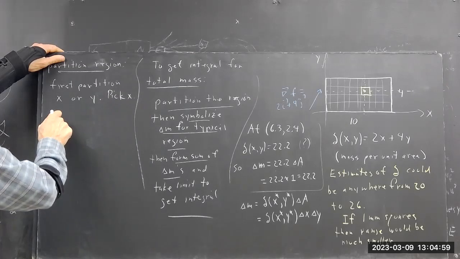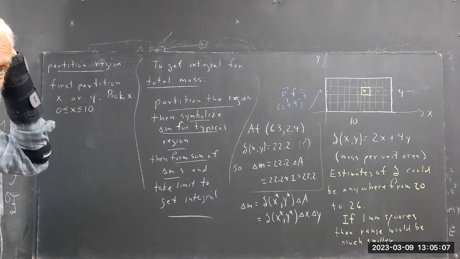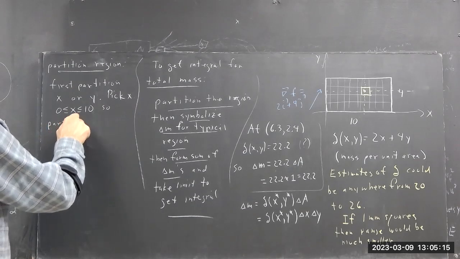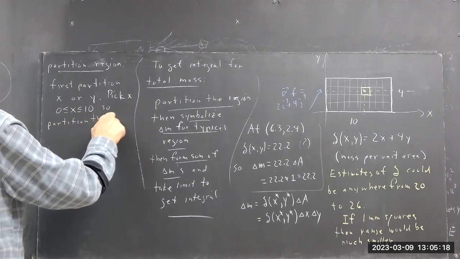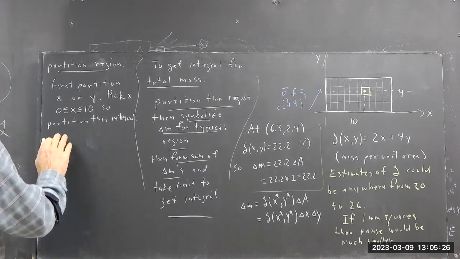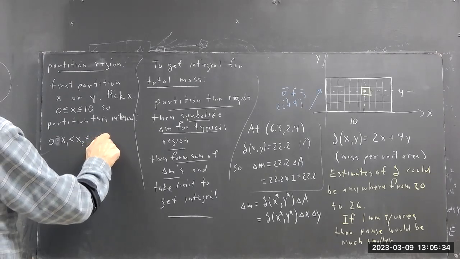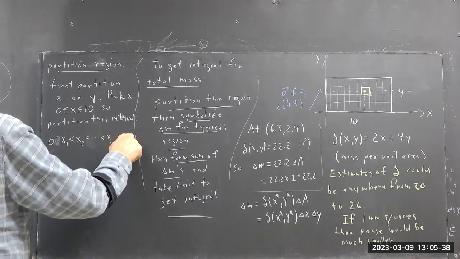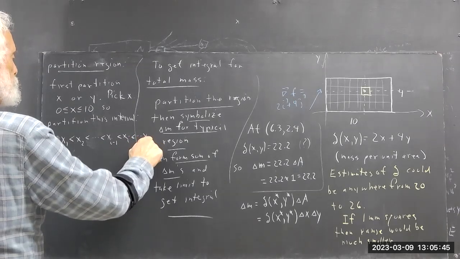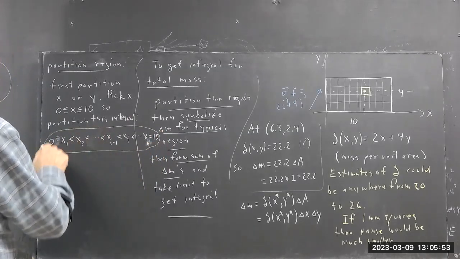Let's pick X. Then X goes from 0 to 10. So we partition this interval, 0 equals X0, which is less than X1, which is less than X2, which is less than dot, dot, dot, which is less than Xi minus 1, which is less than Xi, which is less than all the way out to Xn, which is 10.